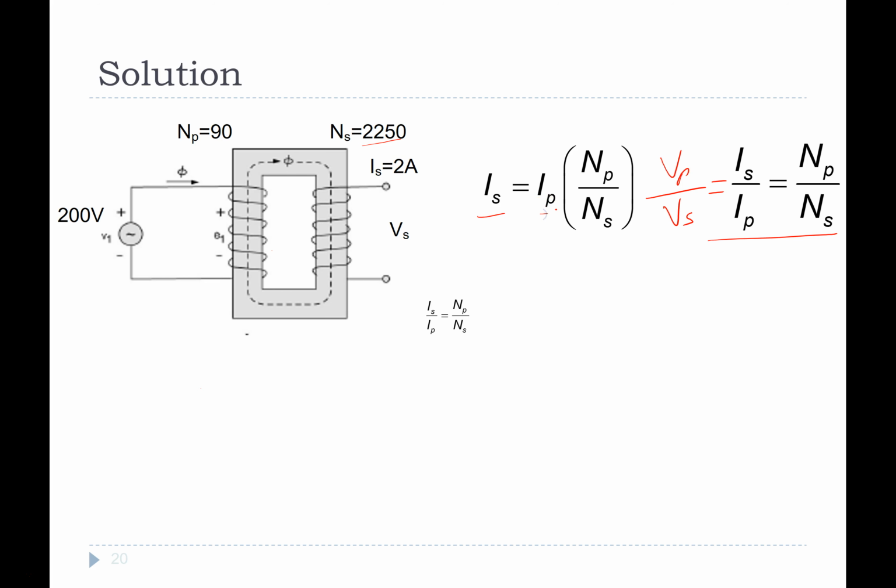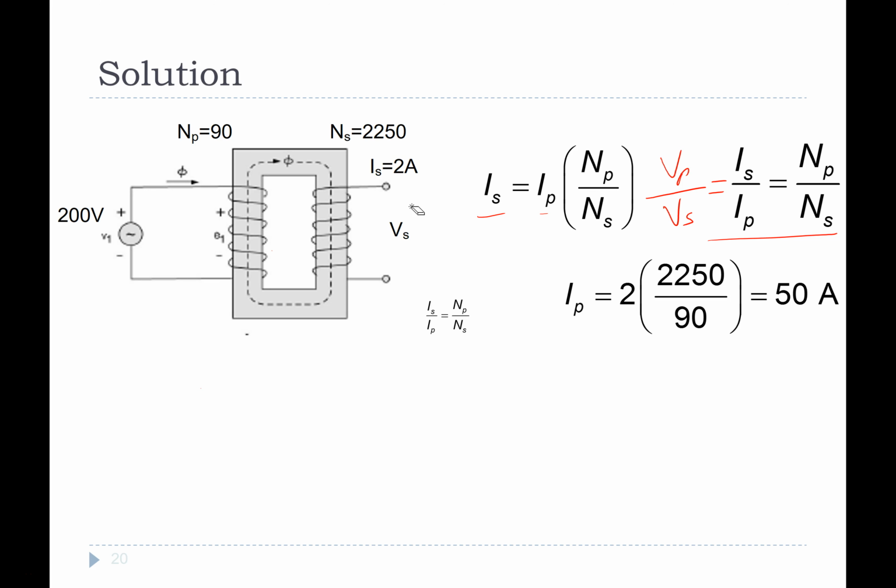I want to find the primary current. So I simply take this over to this side, and I get I primary is equal to 2 multiplied by 2250 on 90. Remember, if I'm going from this side to this side with the current, I have the N from the secondary side on the numerator.